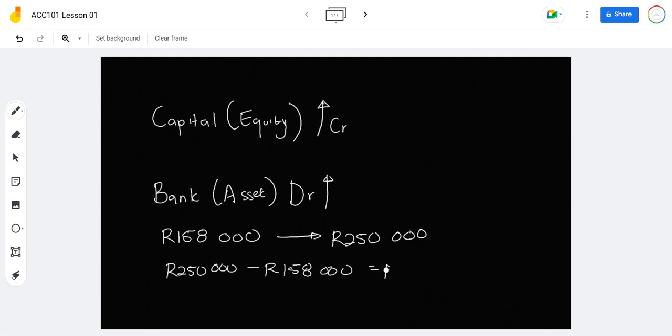And that is going to be 92,000. So he added 92,000 more. Okay, he added 92,000. His capital increased, his capital account, and then also the bank received 92,000 of investment.